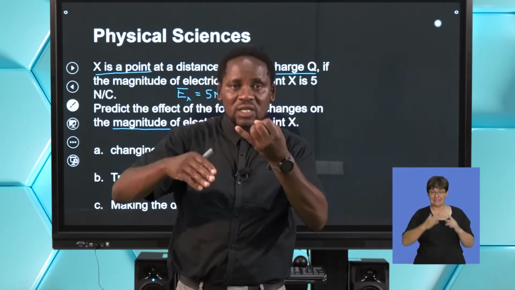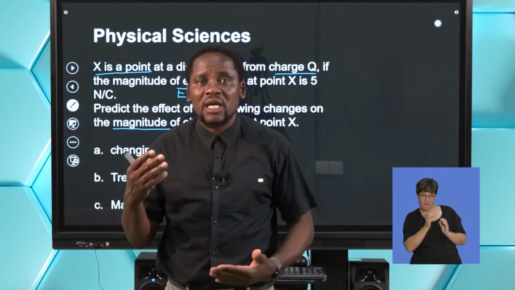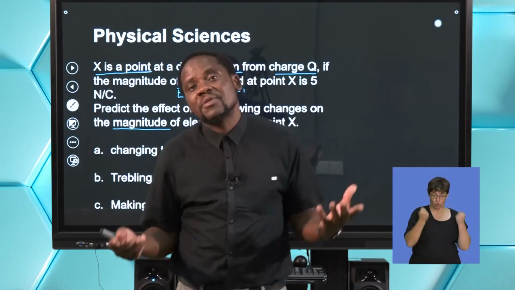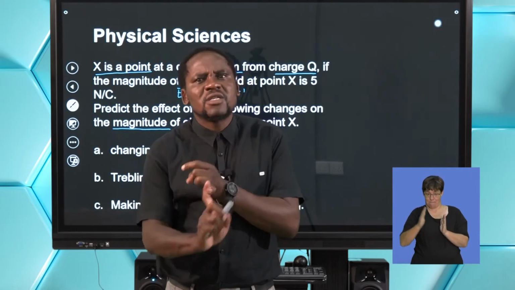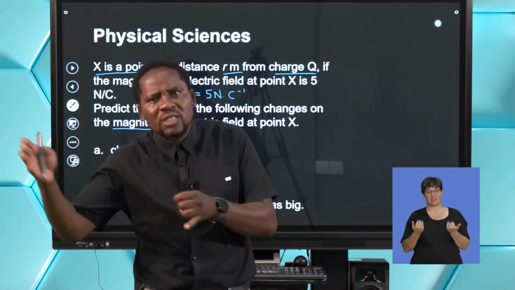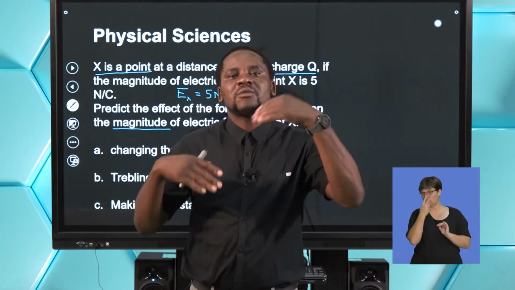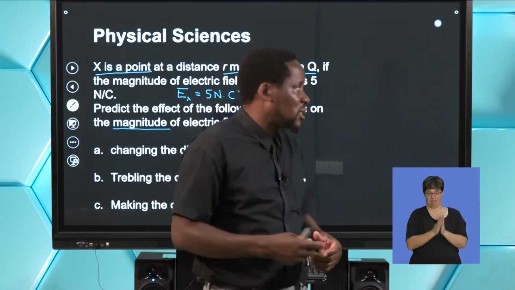Is it going to increase, decrease, or remain the same? So this is where we start. If we eliminate based on our understanding of the concept, we are able to say what we expect, based on the mathematical relationship. But before we do that, let's look at a simulation just to give us an idea of what it means to double the distance.